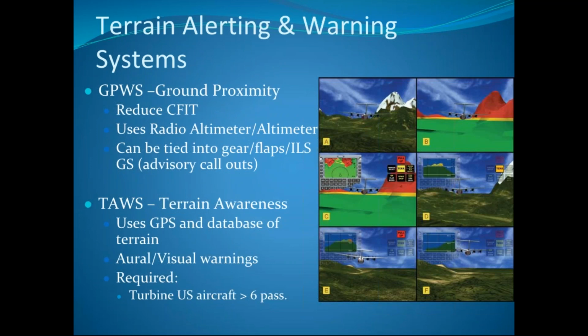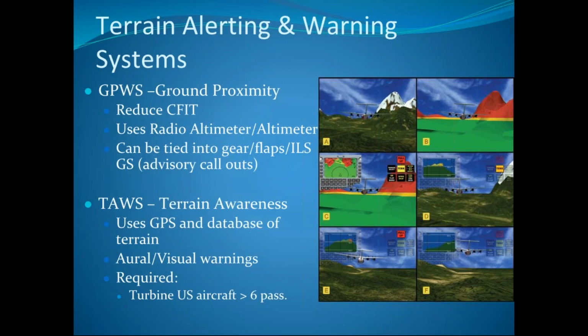This GPWS is what actually, so the radar, that radio altimeter is what's talking to this, we call it the GPWS, ground proximity warning system. That's what is giving the actual alert to the pilot.